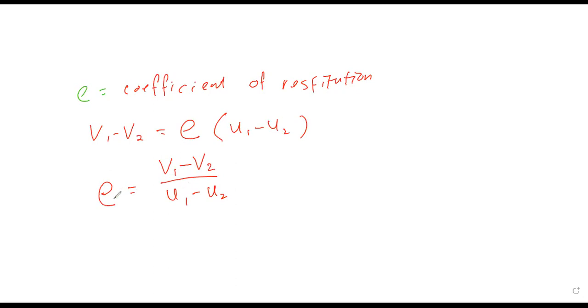Sorry, here we have one negative, so it will be negative e, and negative (v1 minus v2). So the formula should be like that.